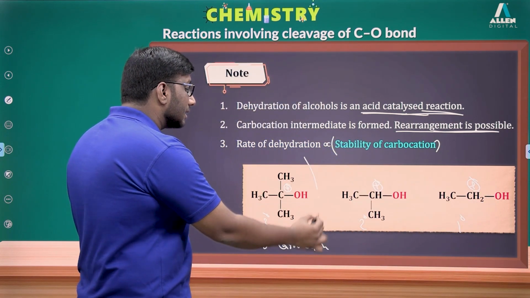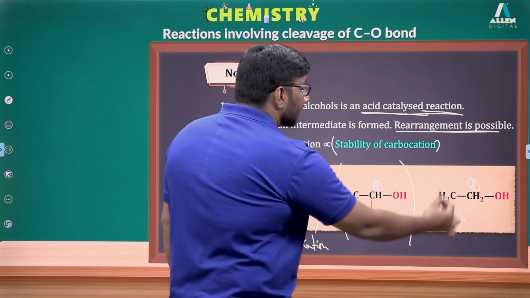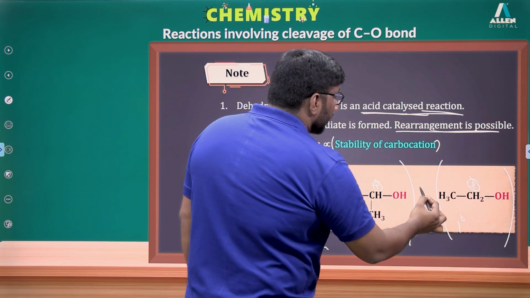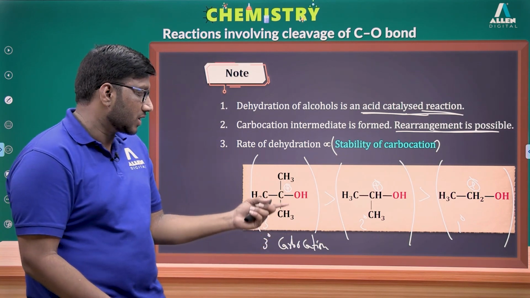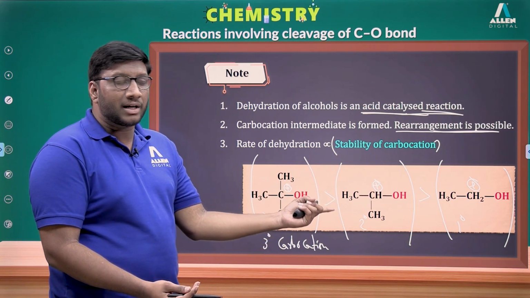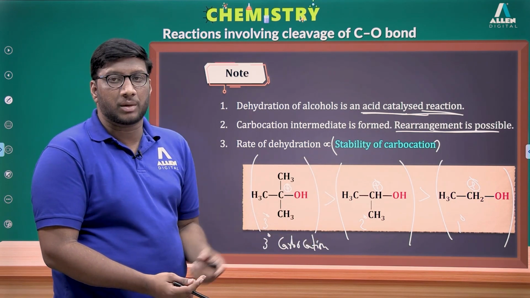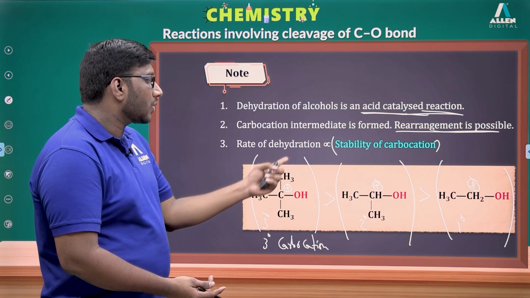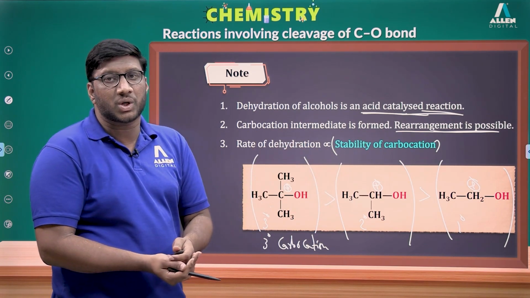We all know that tertiary carbocation is more stable than secondary, than primary. Why? Because tertiary carbocation has more hyperconjugative structures when compared to secondary, and secondary has more hyperconjugative structures when compared to primary. So this alcohol will undergo dehydration most readily, then the secondary alcohol, and the least is going to be the primary alcohol.